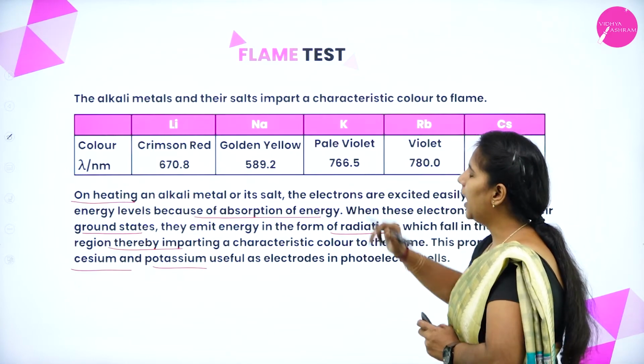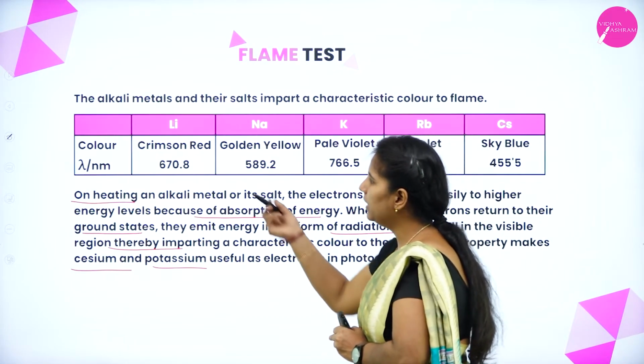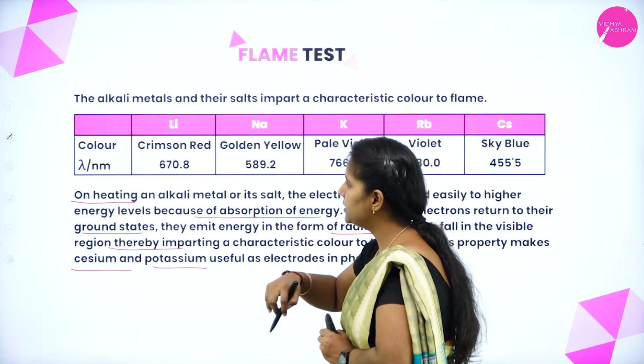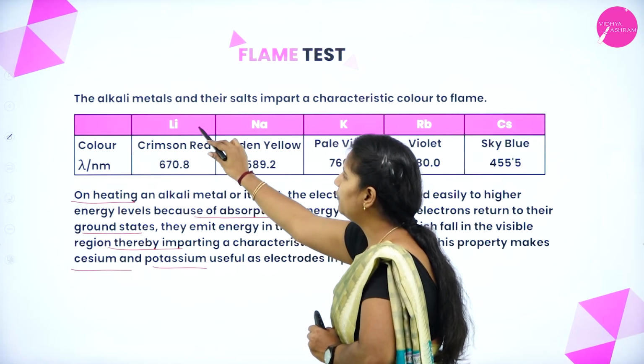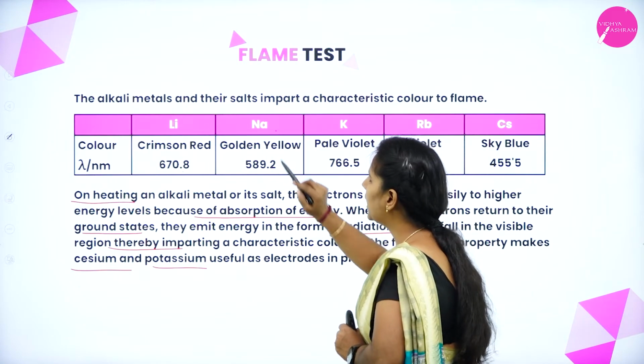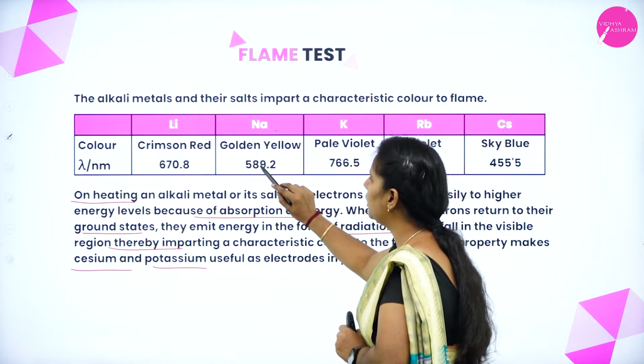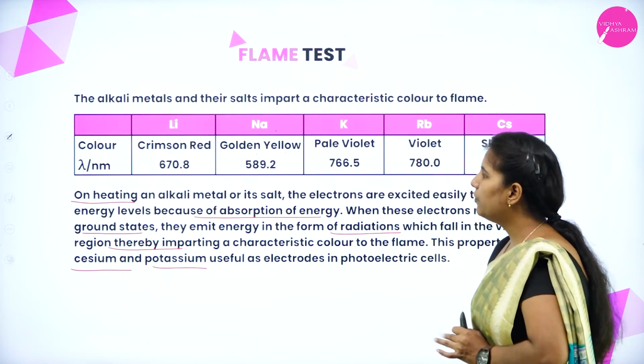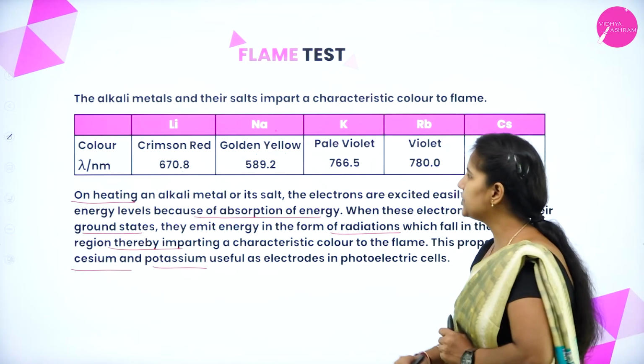So here I have written some of the metals with their visible region: crimson red for lithium, which is observed at 670 nm, and similarly for sodium it is golden yellow, observed at 589.2 nm.